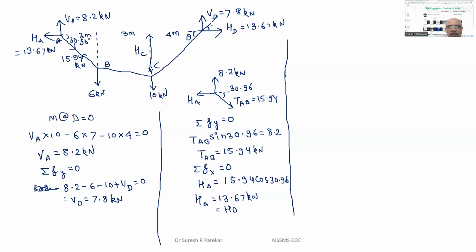So this angle is theta, same. And then we can simply take theta equal to tan inverse of VD upon HD. VD is 7.8 divided by 13.67.